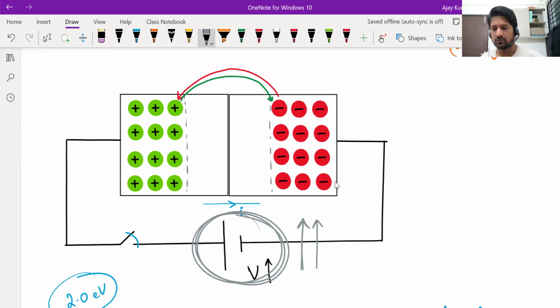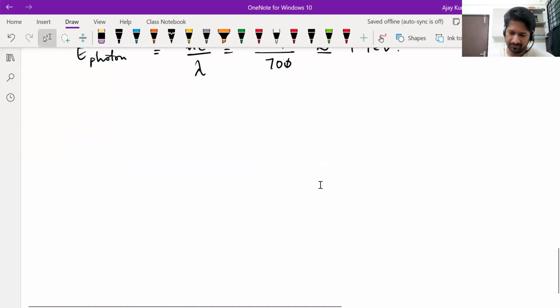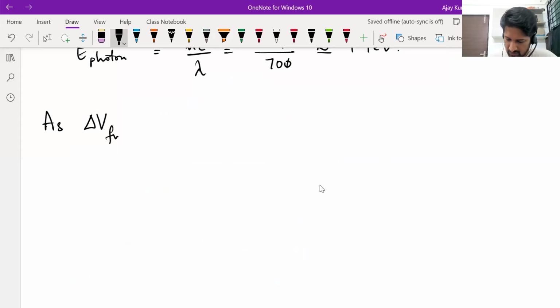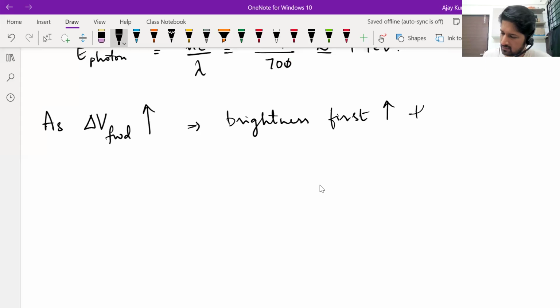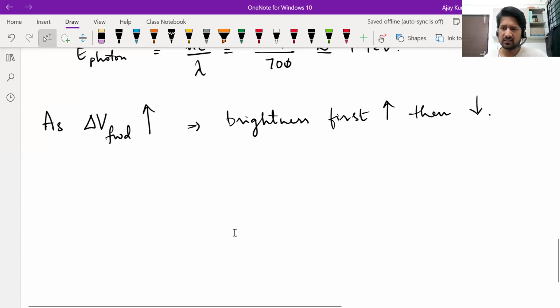So as the forward bias voltage increases, the current, I'm again using the term current, and the brightness of light first increase, then decrease. And LEDs are designed to be operated in forward bias.